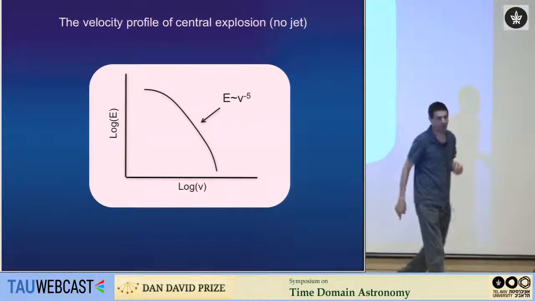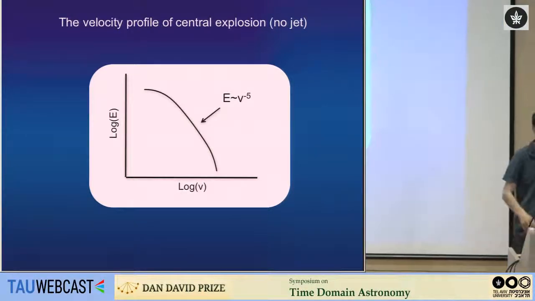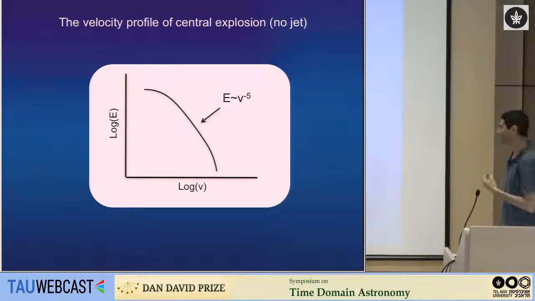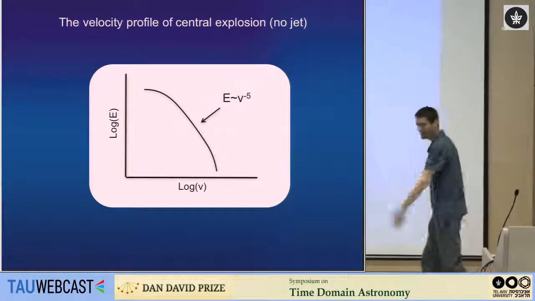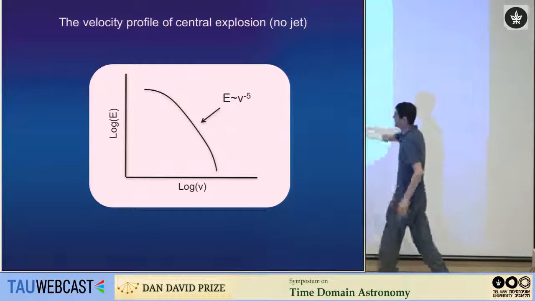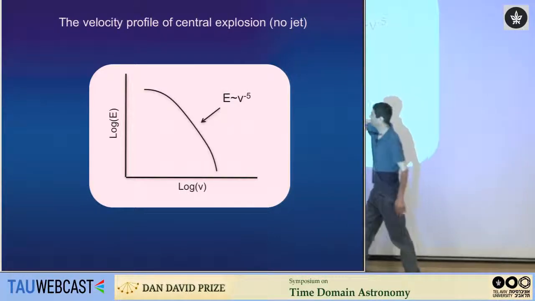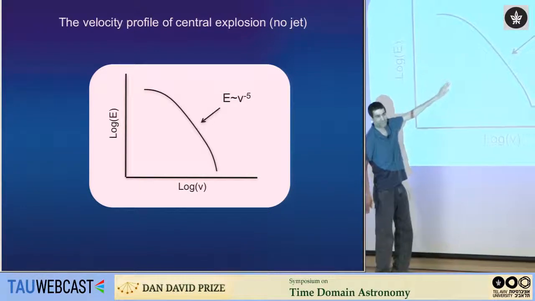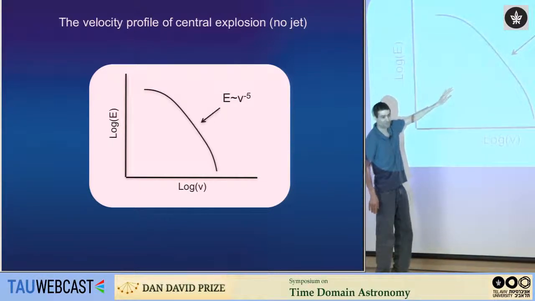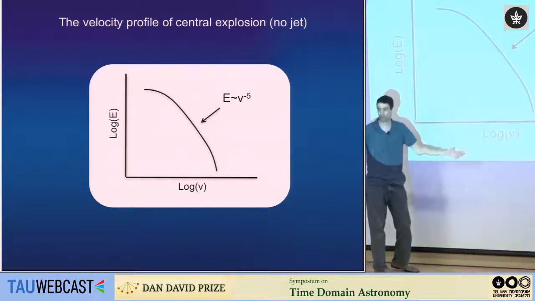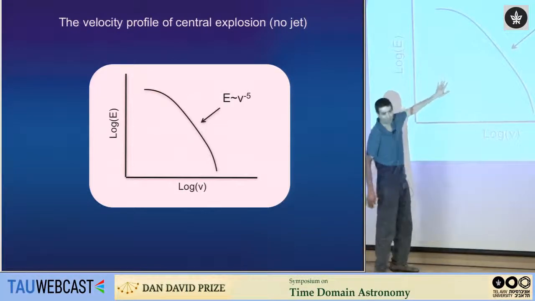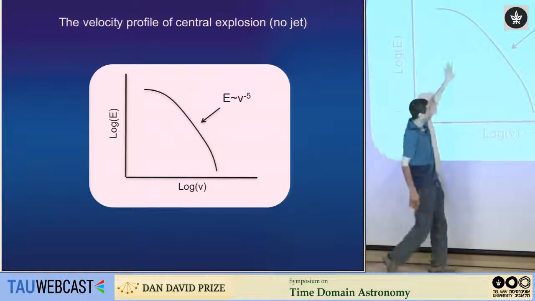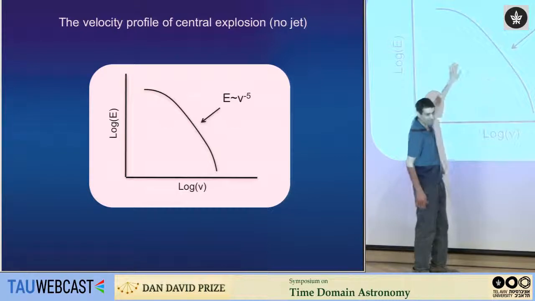So basically telling you how much energy is contained by material moving at a given velocity. If we take a star, explode it spherically, this is mostly what you expect to get. So this is the bulk of the material moving here. Typical velocities are 3,000 kilometers per second for regular supernovae, and for the fastest broad-line supernovae, 10,000 kilometers per second, something like that. And then here it's supposed to fall off very, very quickly.